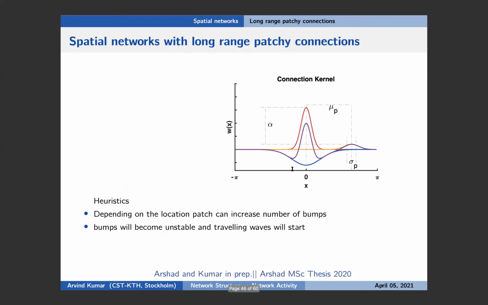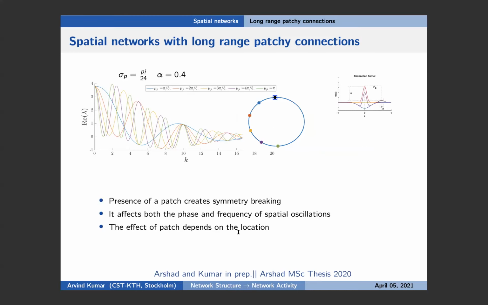So we had a heuristic that, depending on the location of the patch, we can increase the number of bumps, and the bumps should become unstable and create traveling waves. We checked this analytically first, placing the bump at different locations and looking at the eigenvalue spectrum.